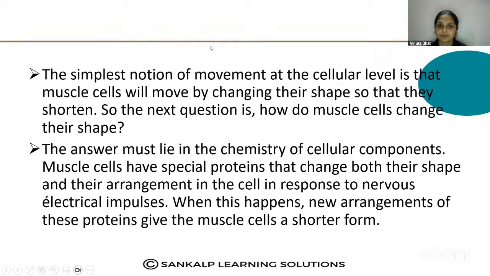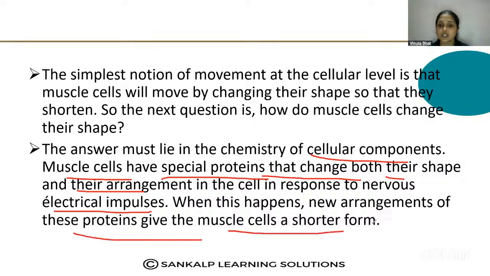Some cellular components of muscle cells have special proteins that change both their shape and their arrangement in the cell in response to the nervous electrical impulses. When the muscles receive the chemical impulses from the neurons, the muscle cells respond to this. The new arrangement of these proteins gives the muscle cell a shorter form.